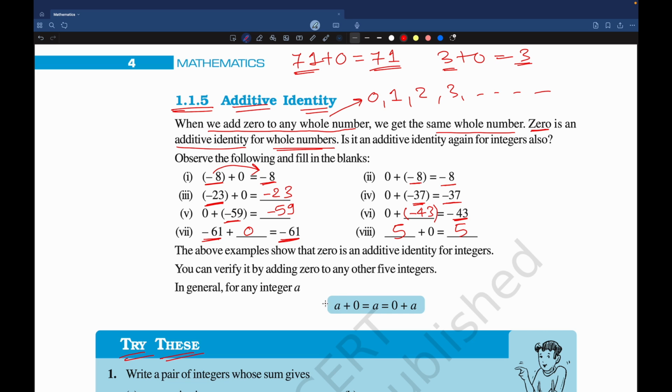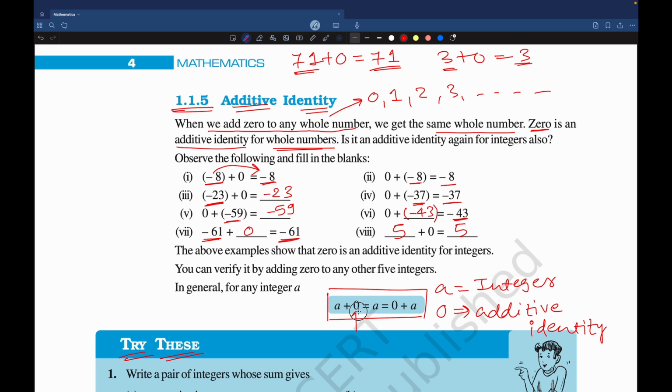So we can write 0 plus a equals a plus 0, that is a, where a is an integer and 0 is the additive identity. That is, when we add 0 to any whole number we will get the same whole number back.